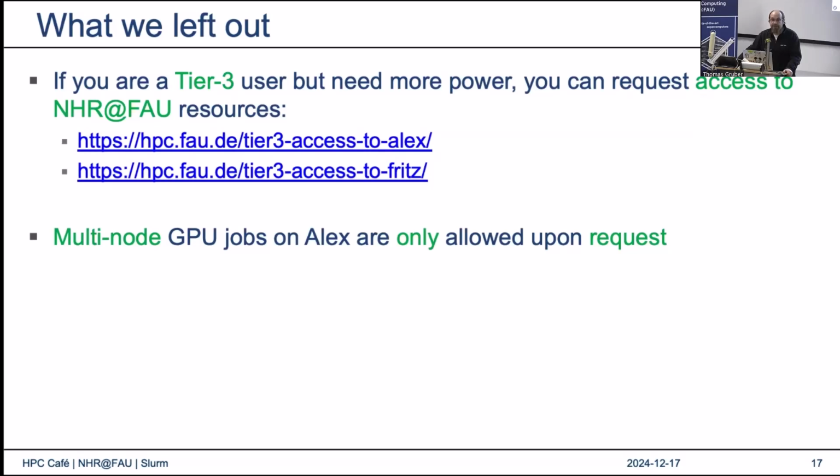So we do some basic checks whether the jobs are running okay, because if there's still a lot of optimization space left, then maybe you first optimize on the other system before we let you on the more powerful system. Yeah, and if you need multi-node GPU jobs on Alex, just write a mail and request it. We will also check how your single node job runs and so on, and give you some recommendations or something like that. Yep.